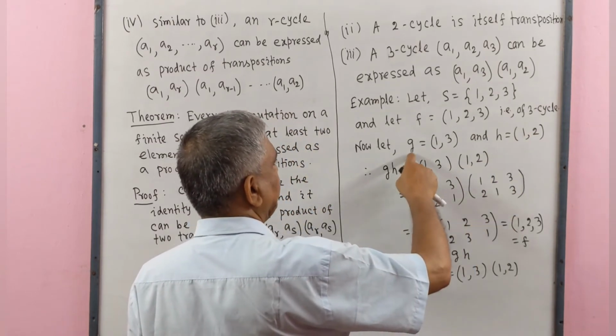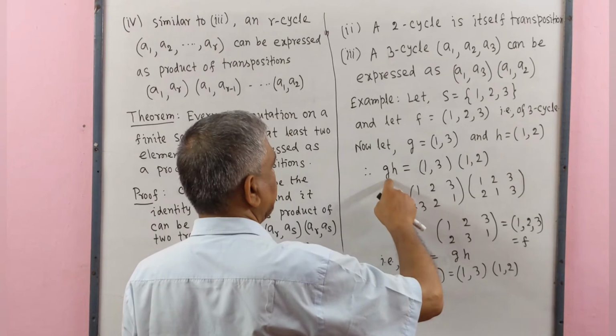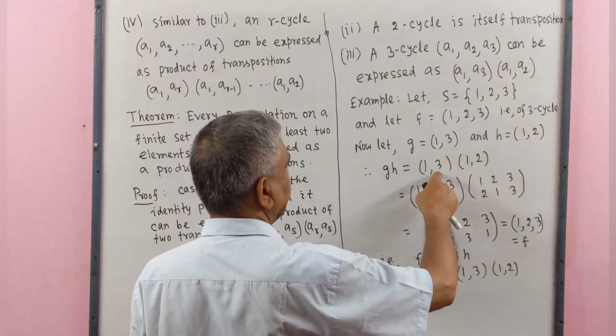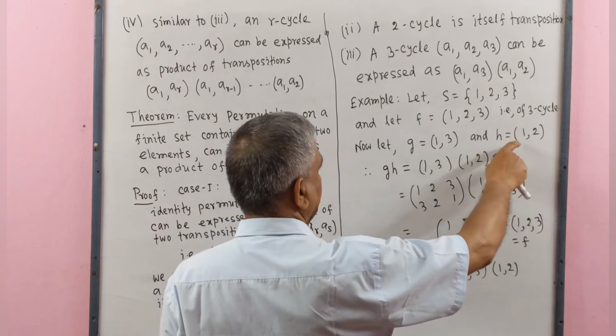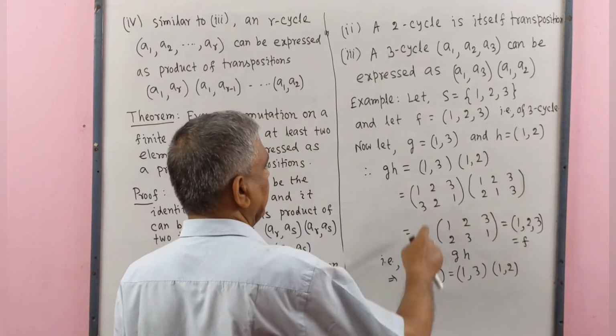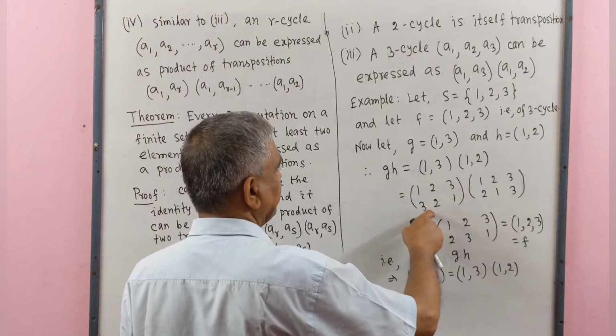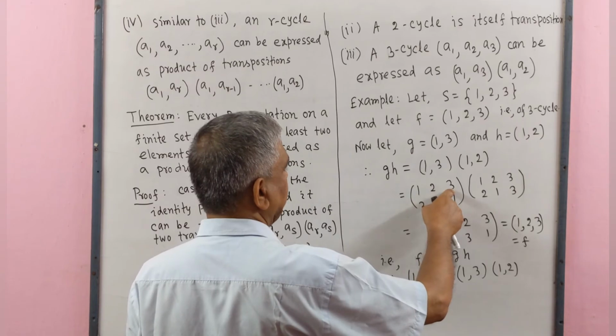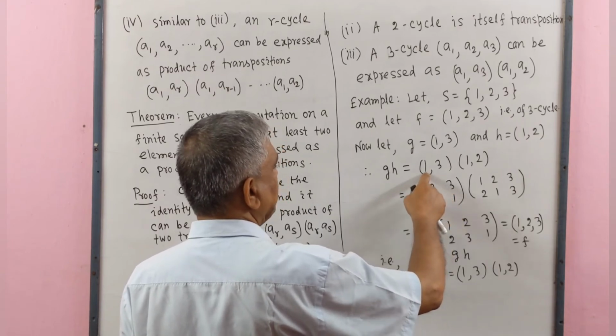Now we multiply G and H, GH equal to, here G means 2-cycle (1, 3) and H means 2-cycle (1, 2). Now we write this in the form of permutation. Firstly we write 1, 2, 3. Here image of 1 is 3.